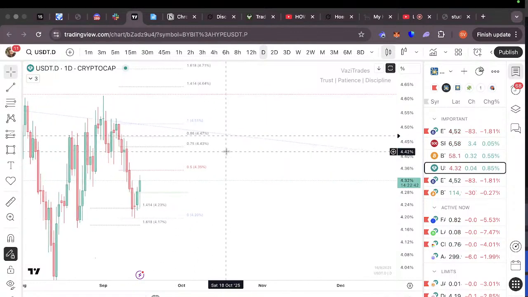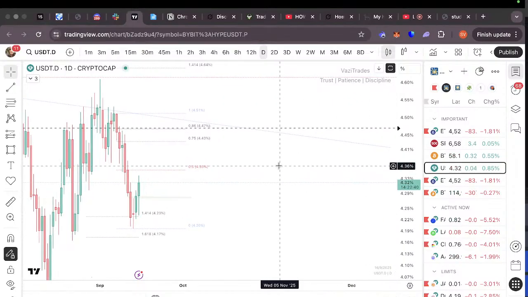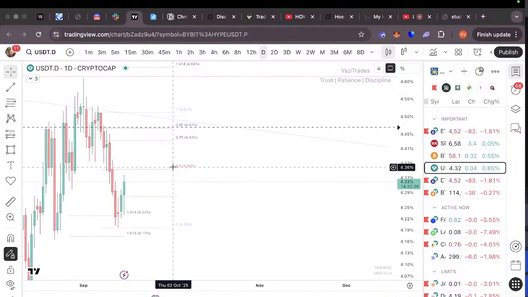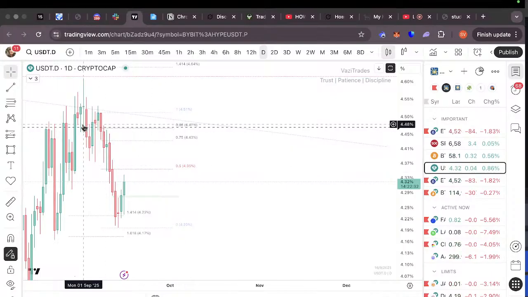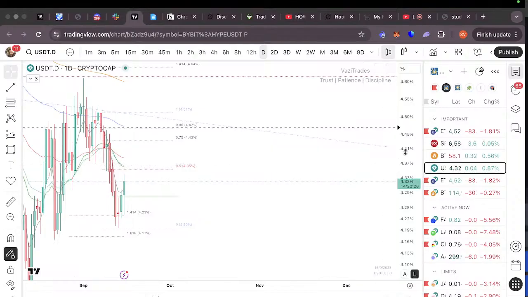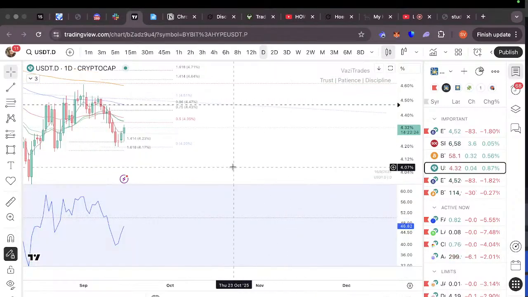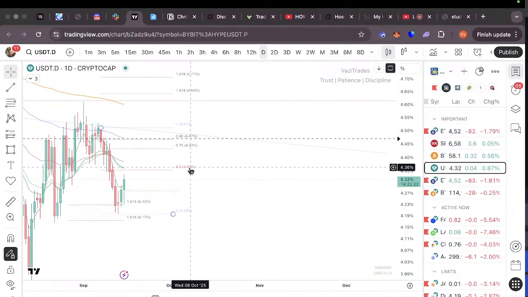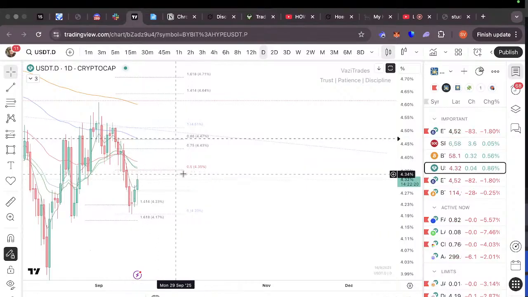So what do we see right now? We see that first resistance comes to 4.35%, which aligns with this Fib, and basically it has the same price action as Bitcoin. So this is a really strong resistance.